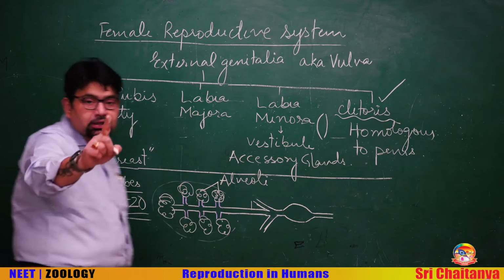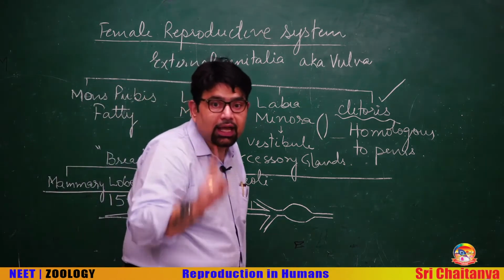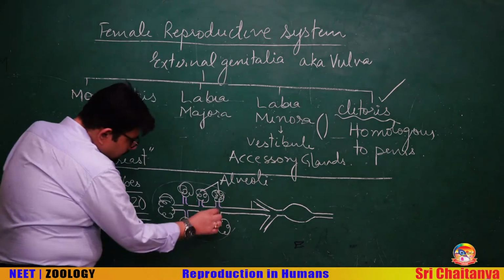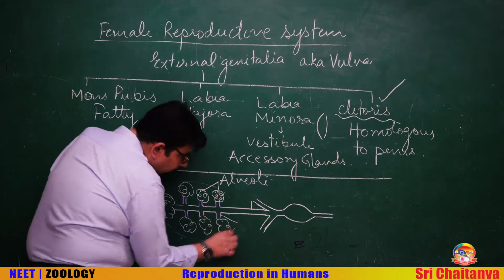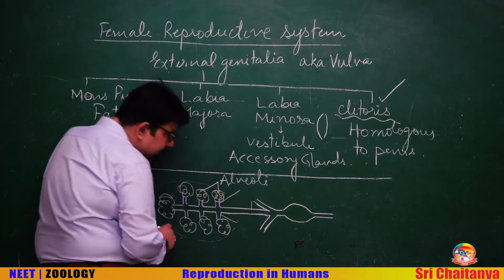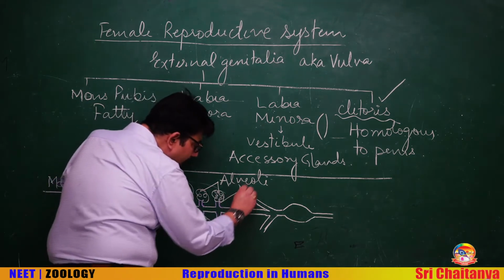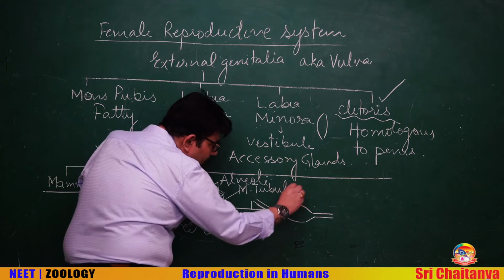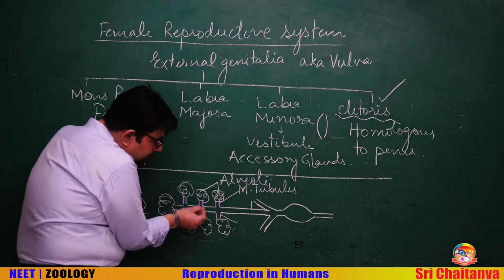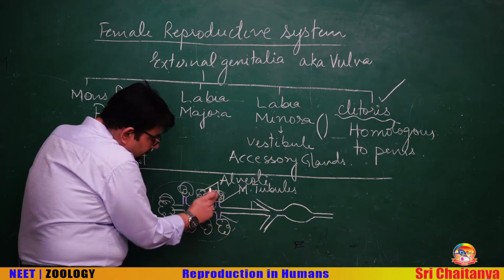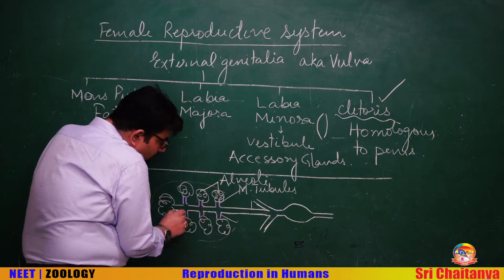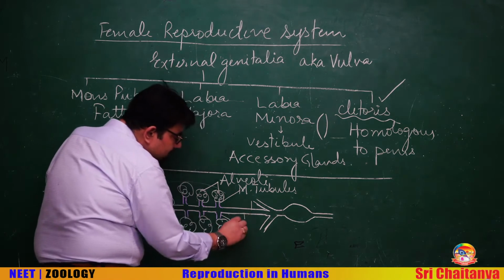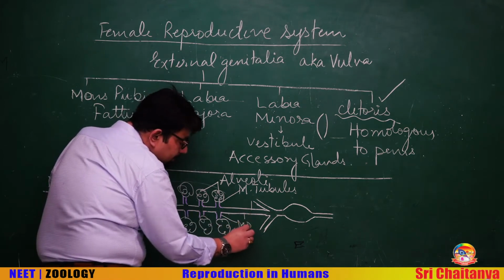Now, important, let us now learn the name of these ducts and the passage of the milk. The one which I have shown here with the purple color, these are called the mammary tubules. Each alveolus, one mammary tubule. All these mammary tubules open into a common duct which is known as mammary duct.